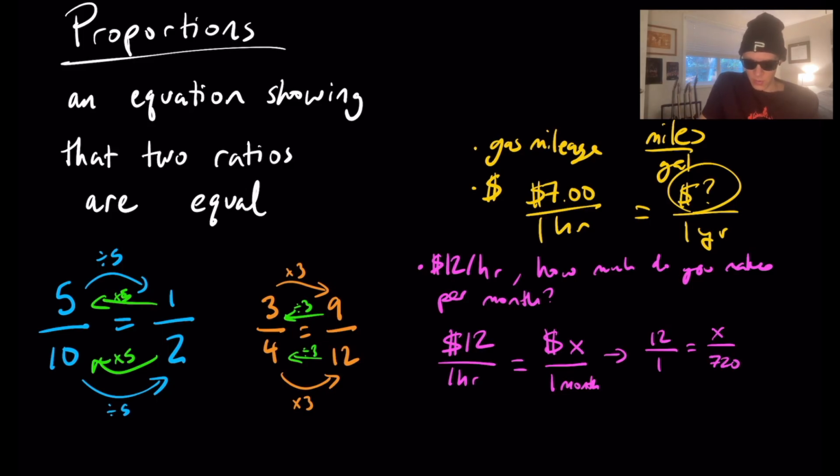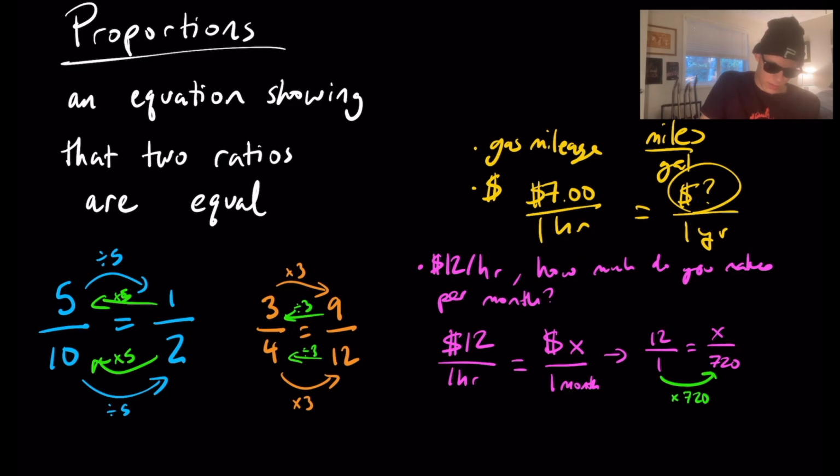So now that we have our units, or our proportions, in terms of the same units, we can do this comparison trick that we were doing here. Like, what did we multiply or divide by to get from one numerator to the other or from one denominator to the other? So I'm looking over here, and to go from 1 to 720, I multiplied by 720.